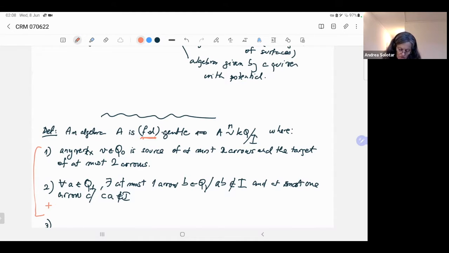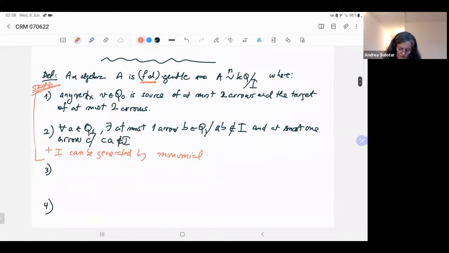If you have these conditions and moreover the ideal I can be generated by monomials, then in this case the algebra A is called string. But then we keep on adding some conditions.